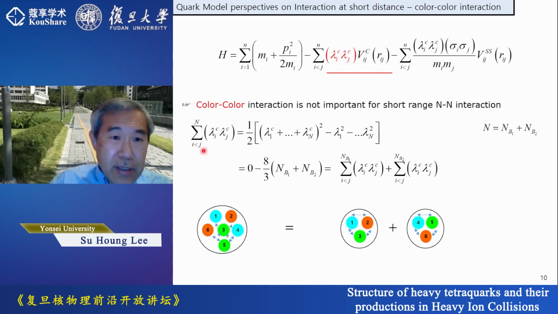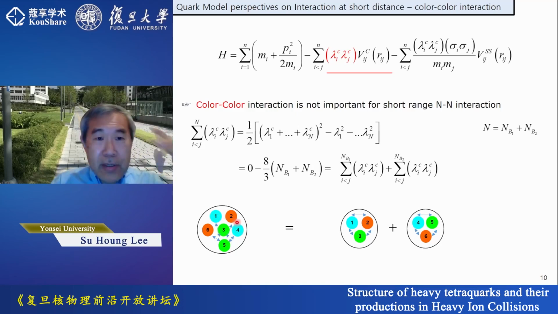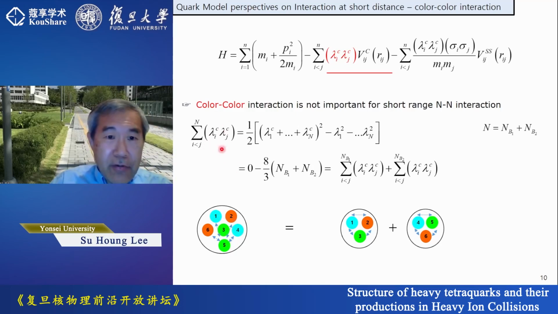And you can see that if you sum over all the color-color interactions between quarks, then it's like all the color factors involved, for this quark pair, this quark pair, and so on.